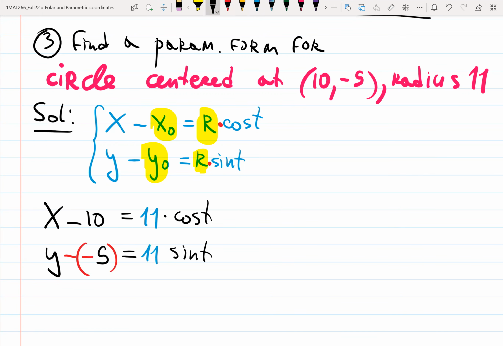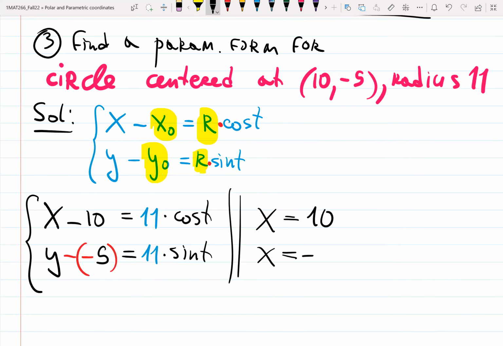From here, you can find x equals 10 and y equals minus 5, which purely represents the center. This is how we know what the center is by just looking at it: it's centered at 10, minus 5. That's it.